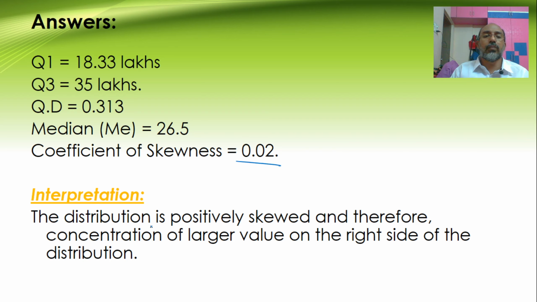For interpretation, you can elaborate: the distribution is positively skewed, and therefore there is a concentration of large values on the right side of the distribution. The extent is only 0.02, so this is the strength of the concentration of large values.